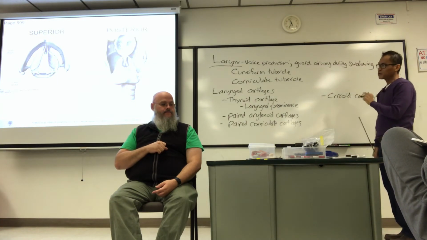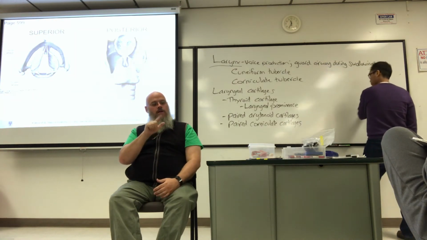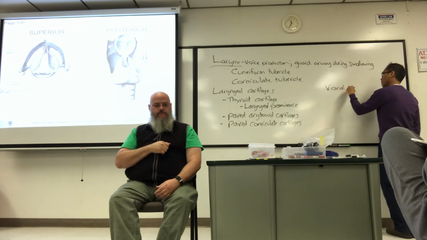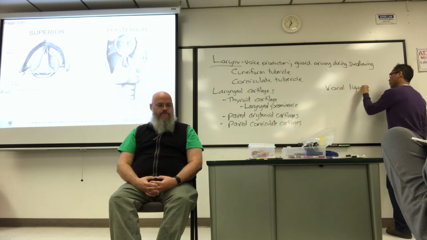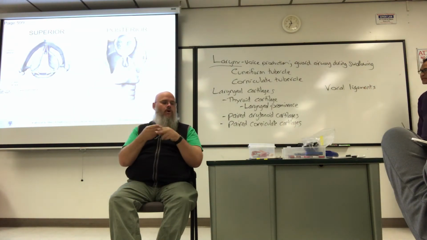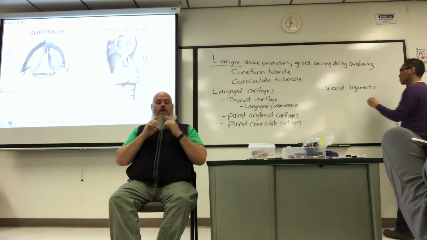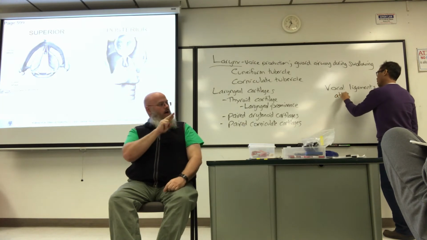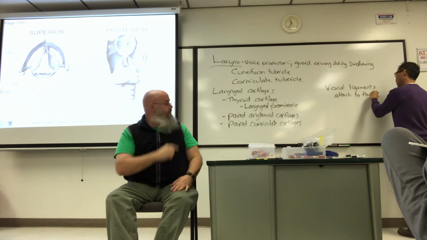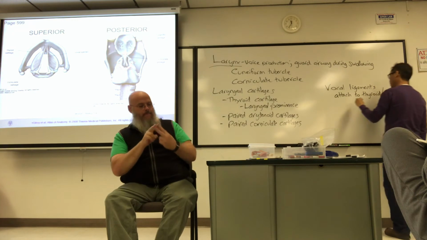Okay, but we should note those vocal ligaments. For voice production, obviously, they're called vocal ligaments. Well, the anatomy is they attach from thyroid cartilage to arytenoid cartilages. Attach to thyroid and paired arytenoid cartilages.